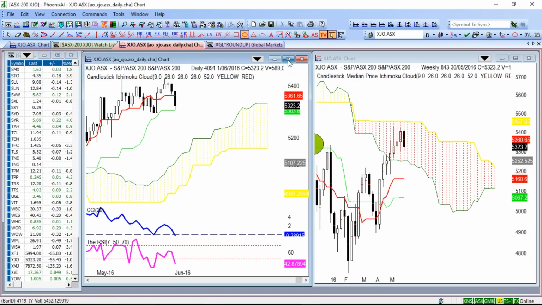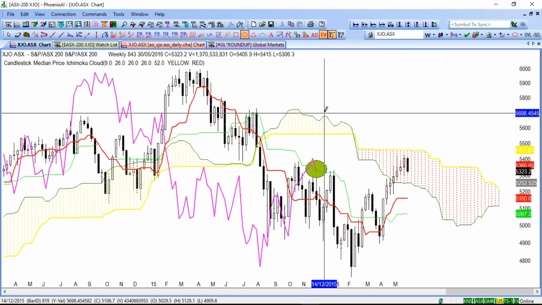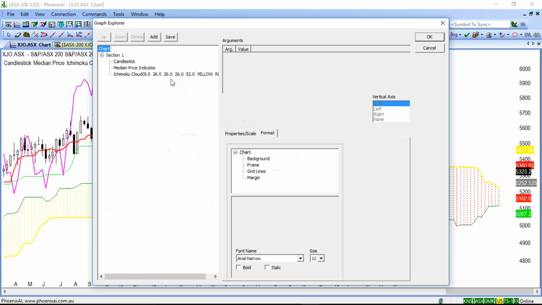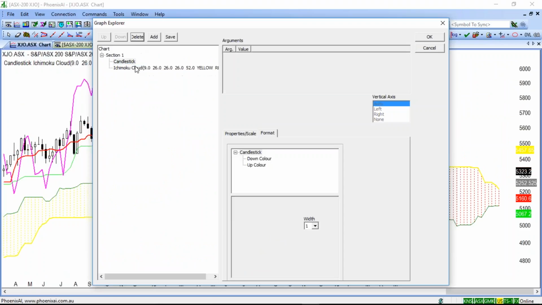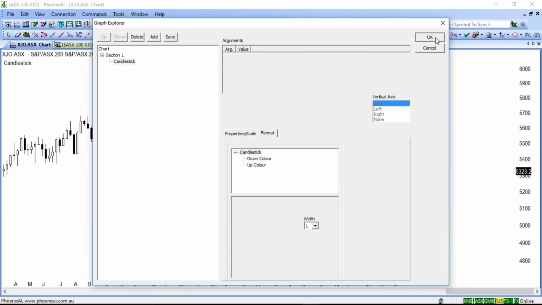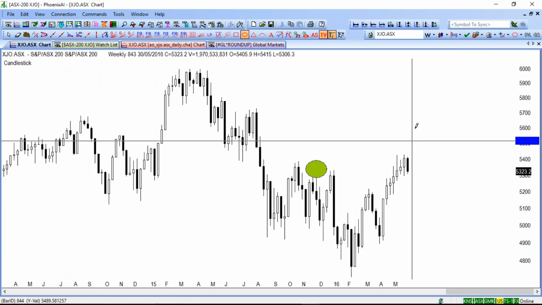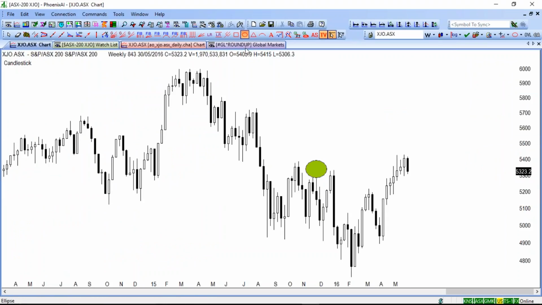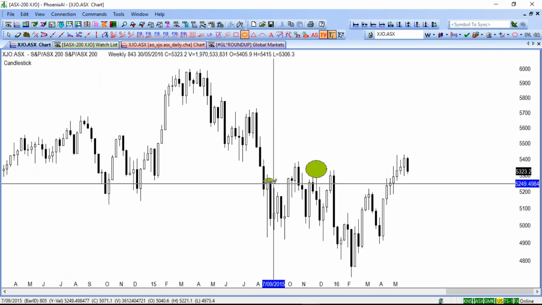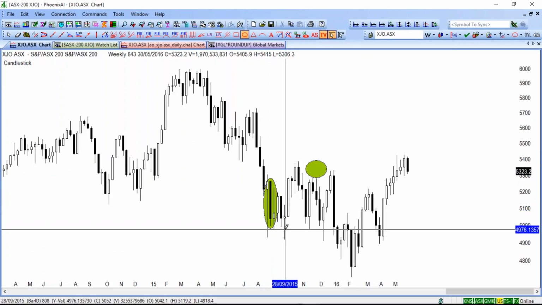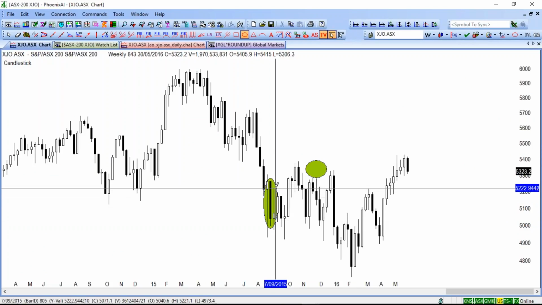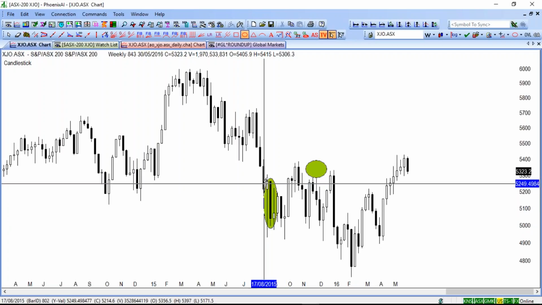Let me take a few of these things off, and we can see here in the index in a low price area down through here, one turned up, and the following week almost engulfed it backwards.